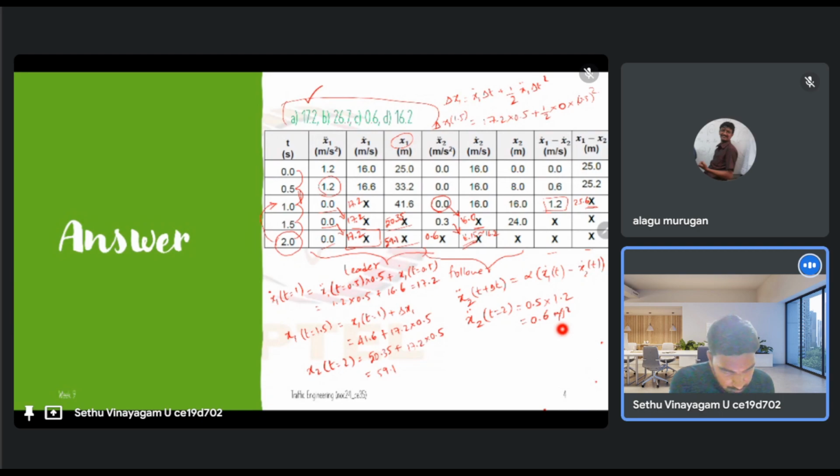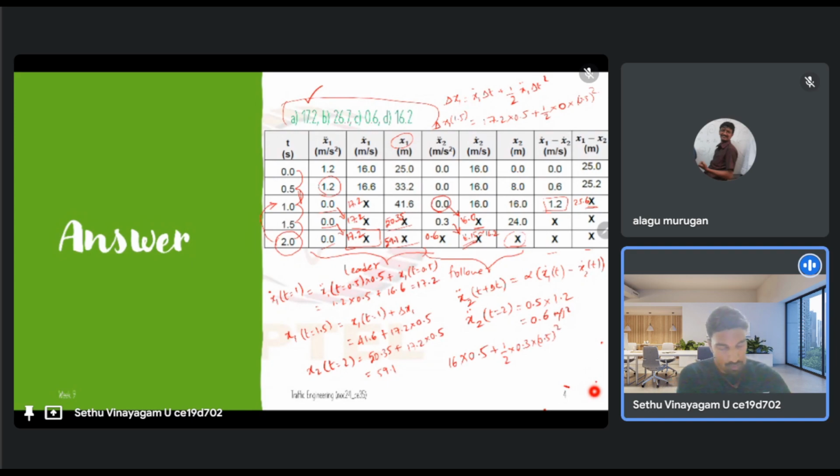And the position, only one value is missing here. The position will be the previous time step speed, 16, into 0.5, that is our update time, plus half into acceleration 0.3 into 0.5 squared.